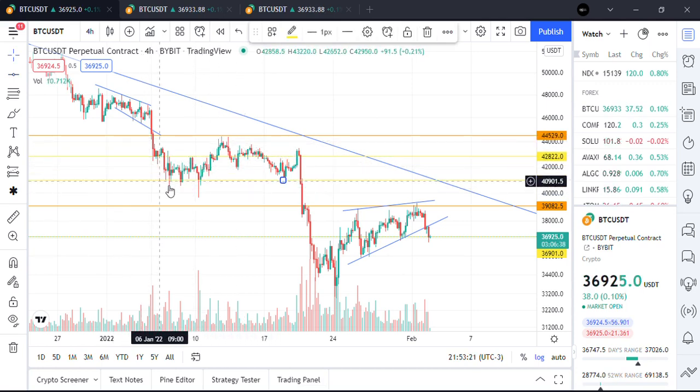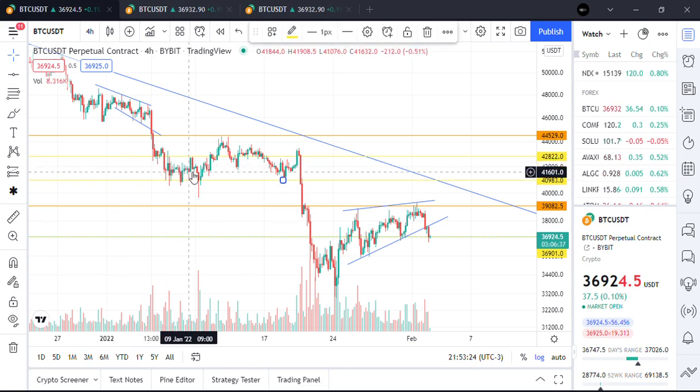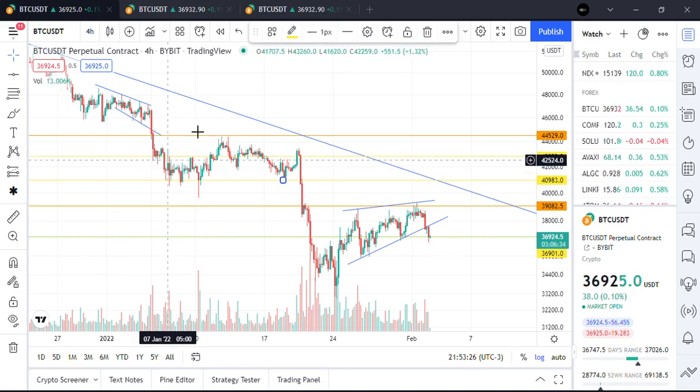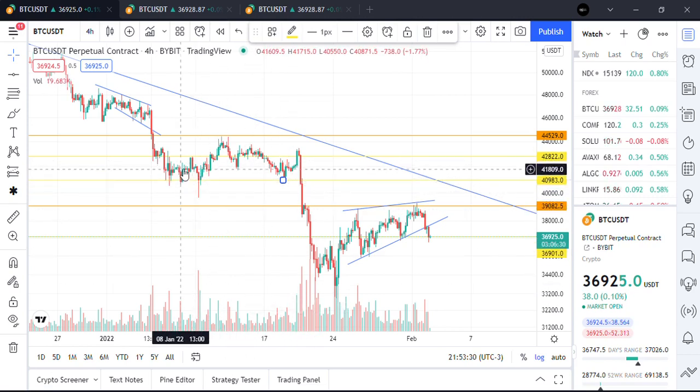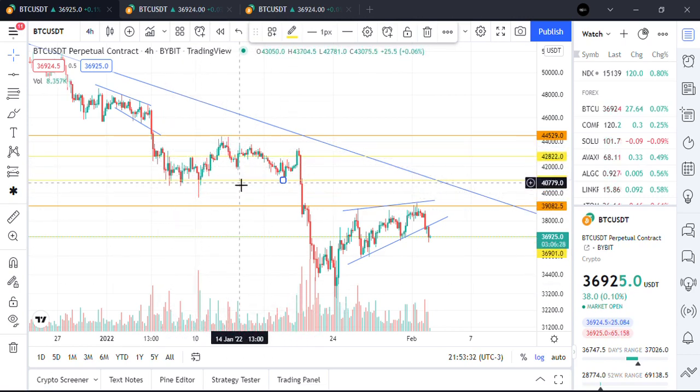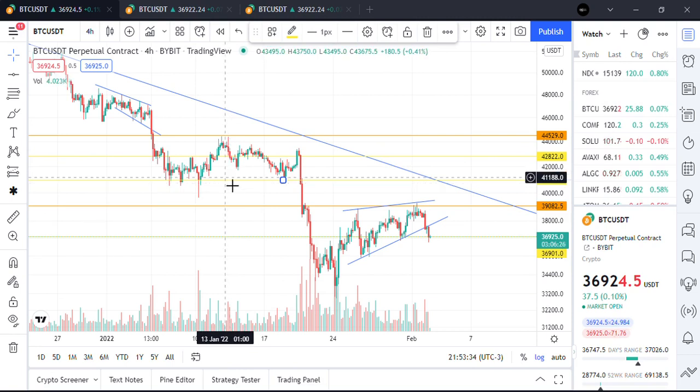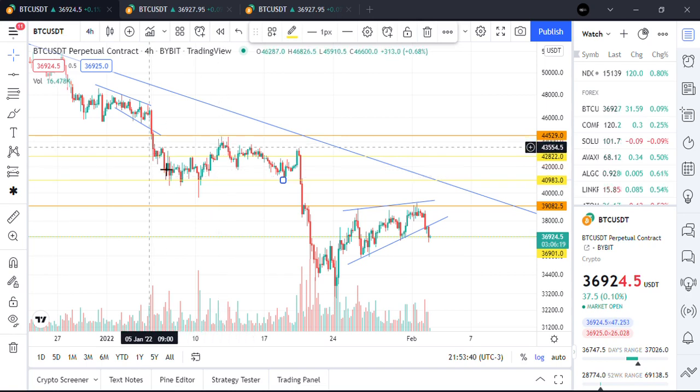You can see that price was just going up, down, up, down. It didn't really get higher highs or lower lows. So price was just consolidating, it didn't take a direction. That's how you draw your horizontal or ranging trend channel.